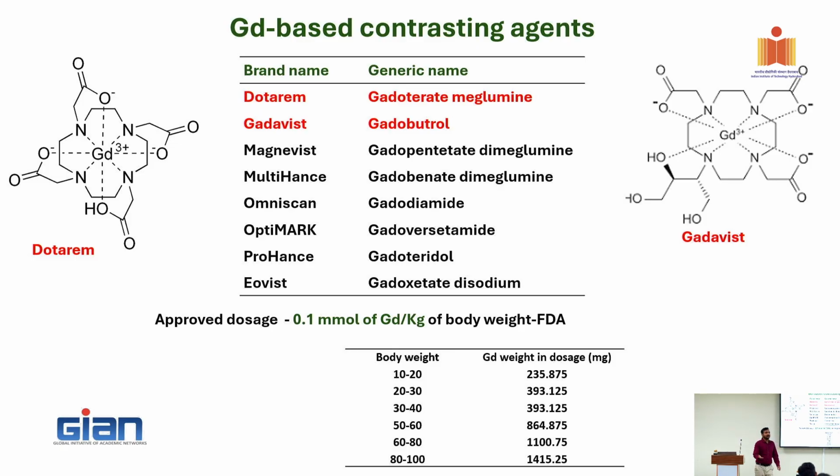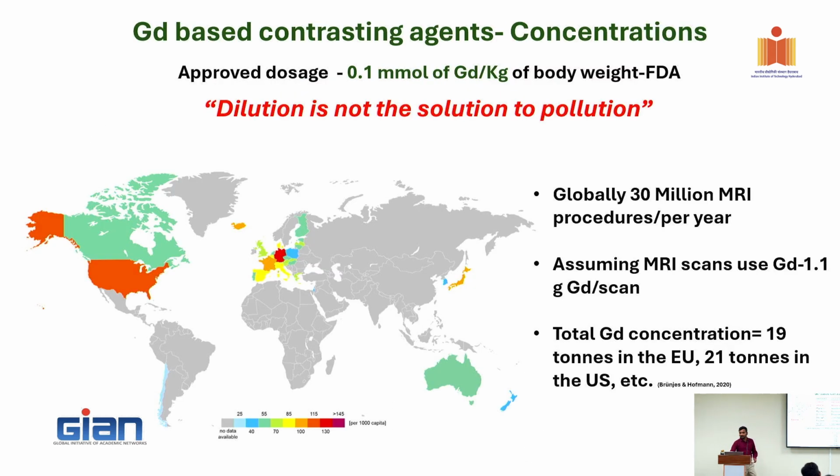If you take the average human body weight by classification, you see in the table the dosage in milligrams that the hospital or a doctor will inject into the human body. Say my body weight is 60 kilos or 65. For each human body, on average they are injecting 1.1 grams of gadolinium, which sounds like a small number. But let me explain in a larger context.